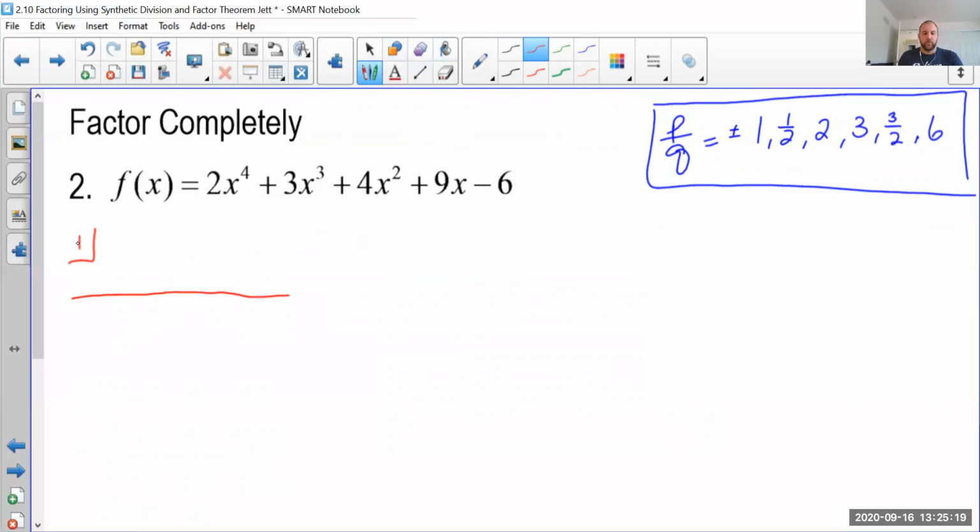Again, you don't have to start with 1 and -1. I would recommend it. If you know what it has to be, try it. Now, let me point something out. If you have all positive numbers here, if I just keep on adding and multiplying, am I ever going to get to 0? No. So if you ever notice that every single one of these is positive, that tells you your number is going to have to be negative.